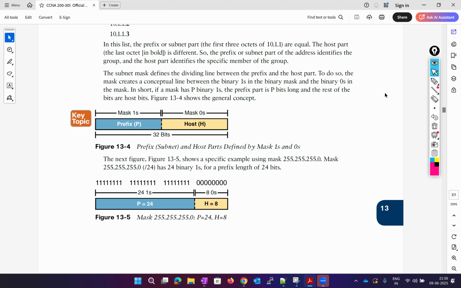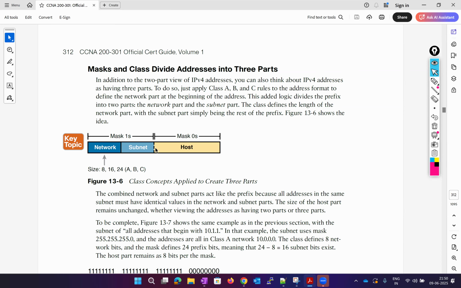Okay. So what happens basically is in the subnet part, you are borrowing the zeros from your host part and converting them into ones.